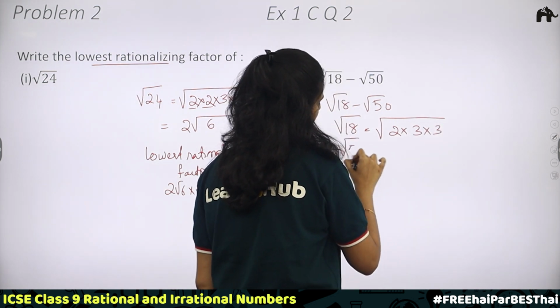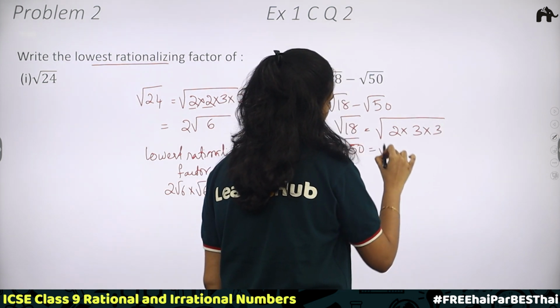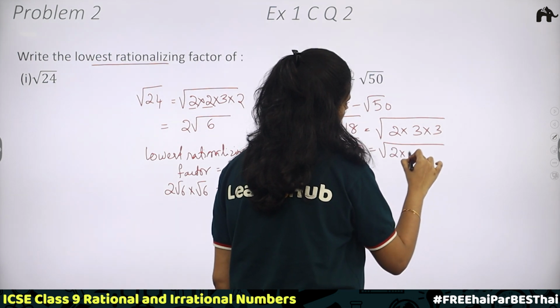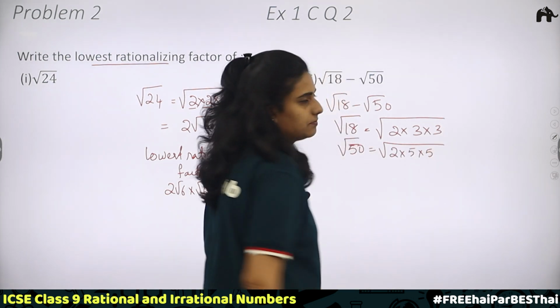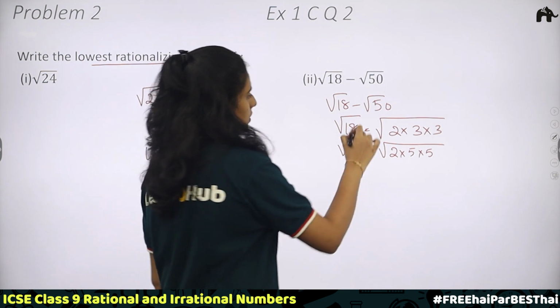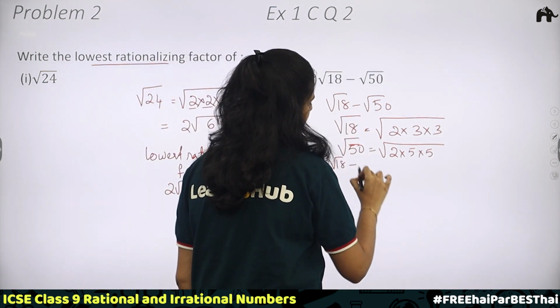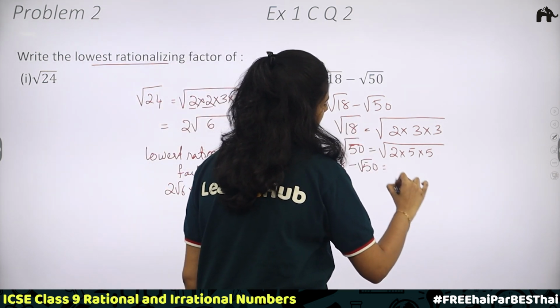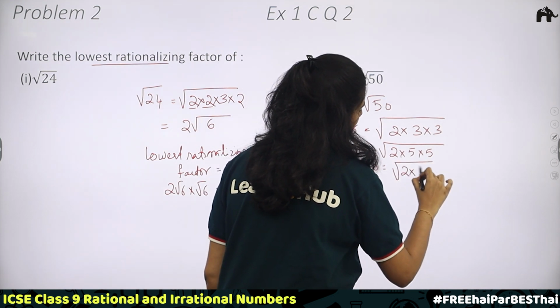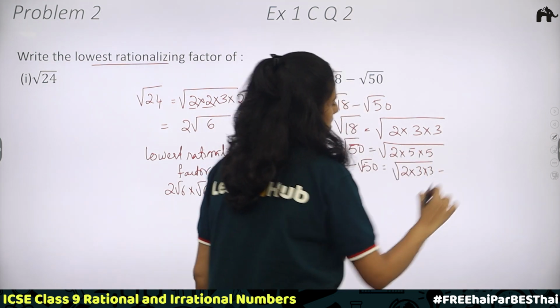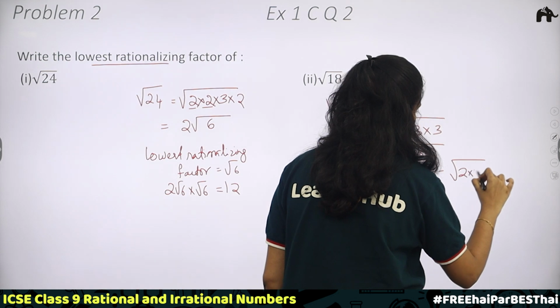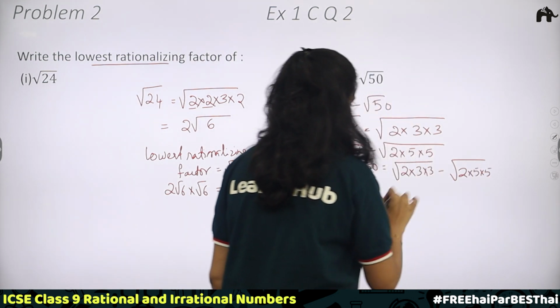What about root 50? Root 50 is equal to root of 2 into 5 into 5. Okay. So now root 18 minus root 50 will be equal to root of 2 into 3 into 3 minus root of 2 into 5 into 5, which is equal to.